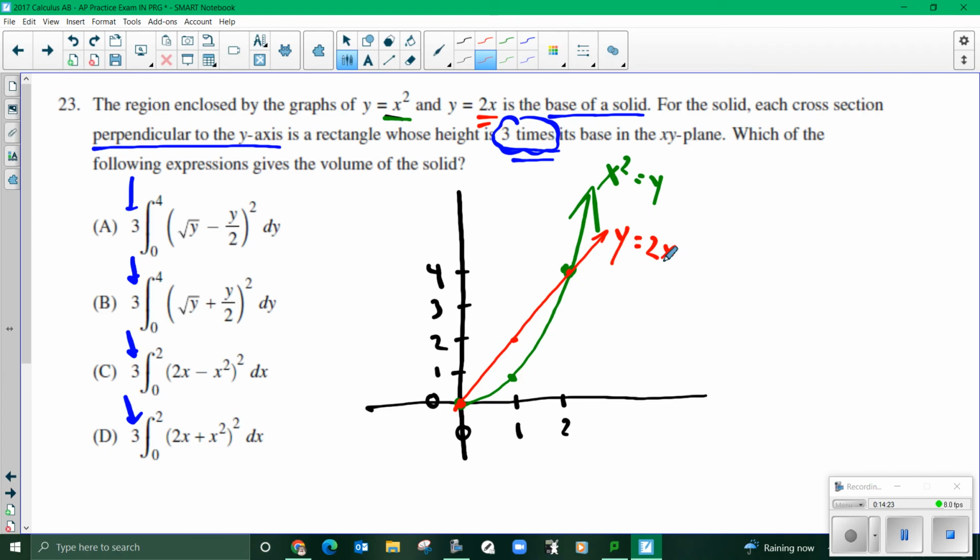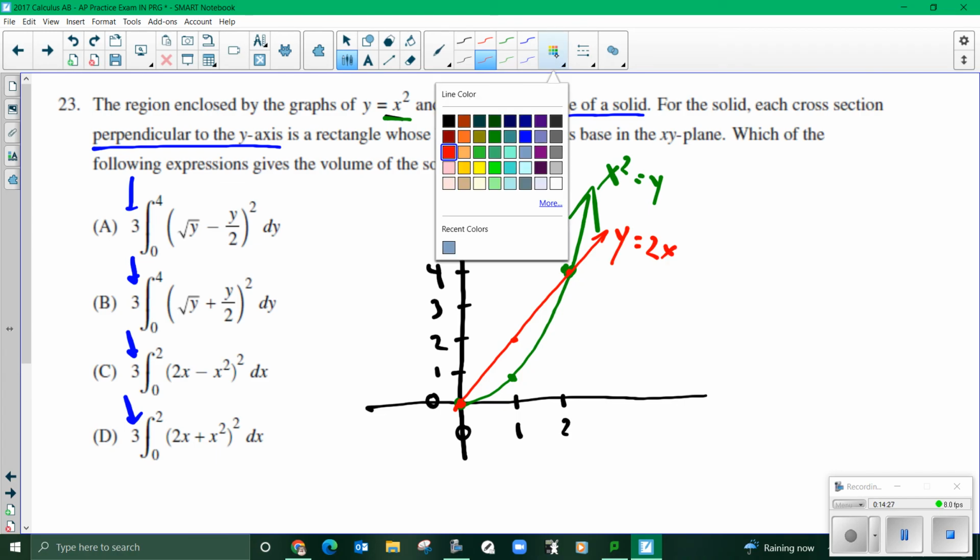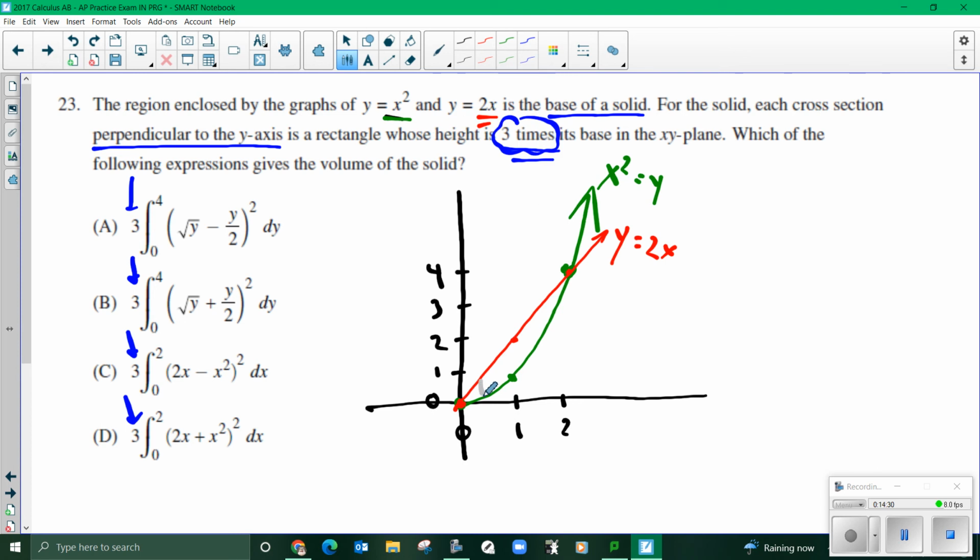Now, this shape that is all shaded in right here is going to rotate around the y-axis, which means it's going to cut across the y-axis. So if I were to do a shape, it would spin around like that, come across, keep spinning around, get a little bit further away.